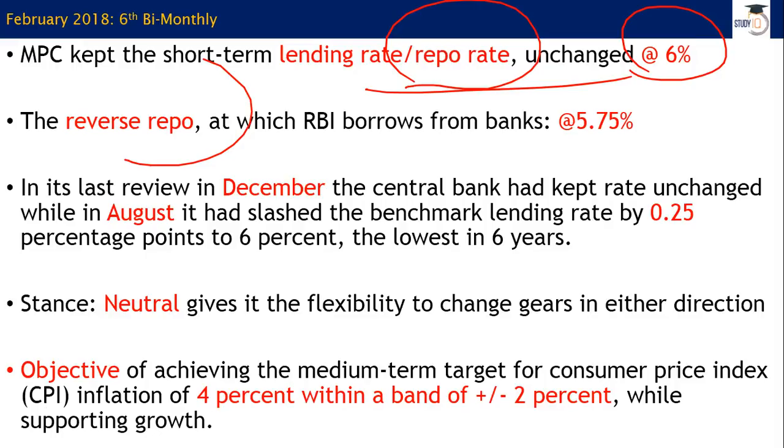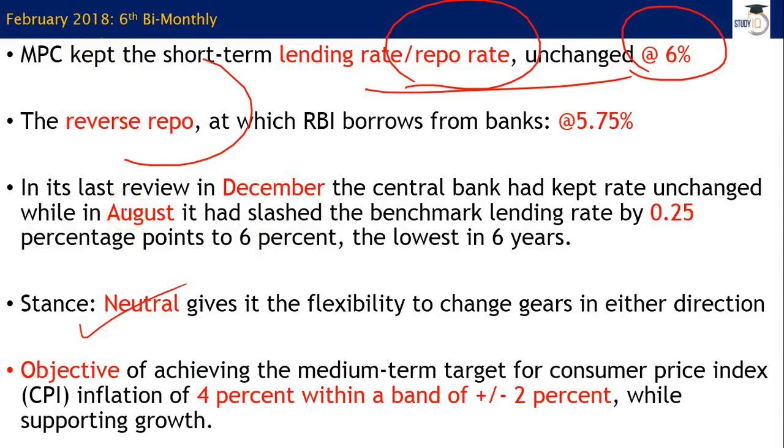But neutral stance is also an indication that for the time being nothing is going to change. Things are going to be at a neutral state. So this is the stance, or the posture, of the MPC at present on this monetary policy.